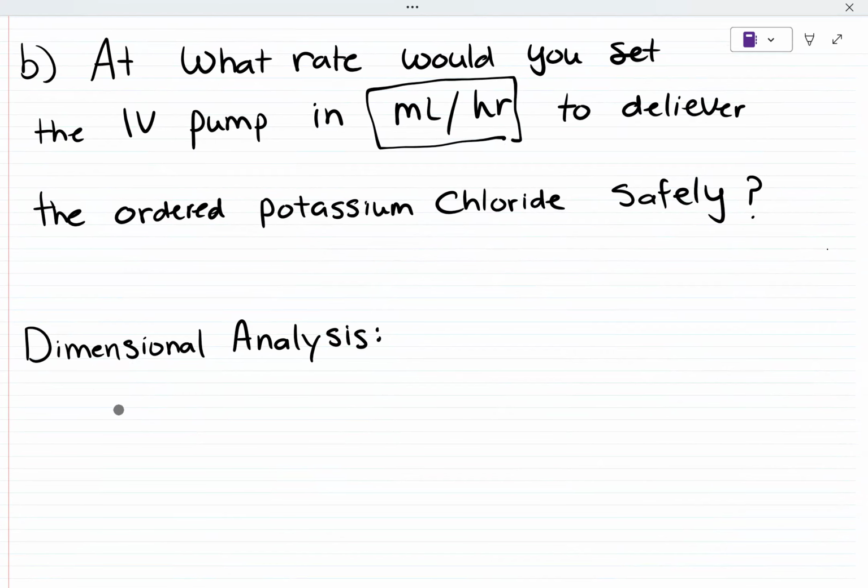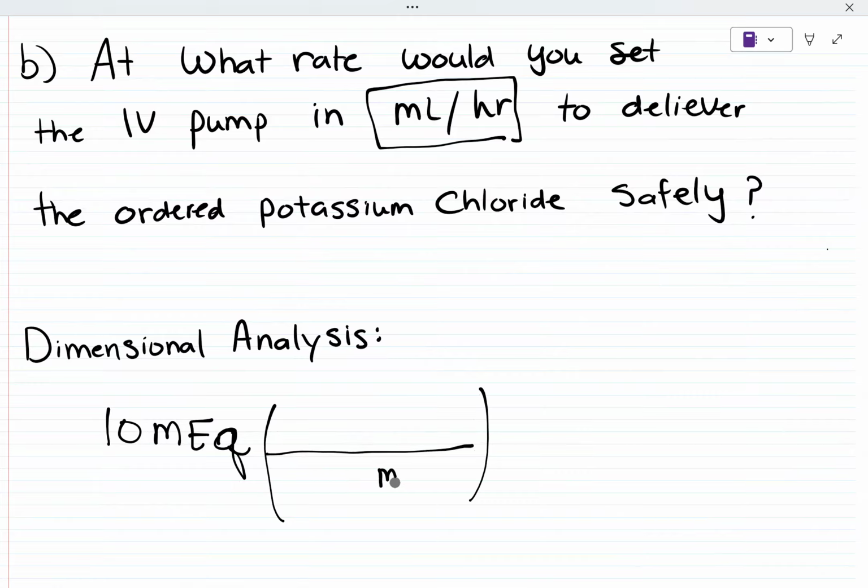We started with 10 mEq times, and then I have to put mEq on the bottom and milliliters on the top, right?